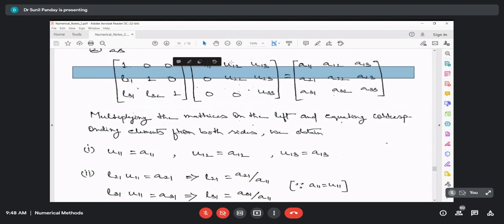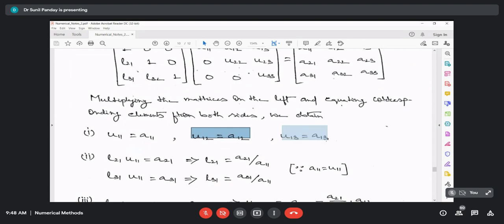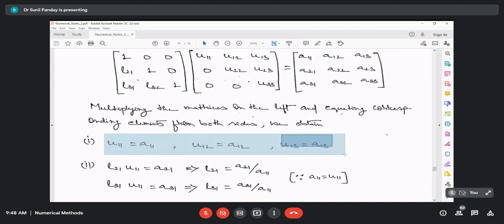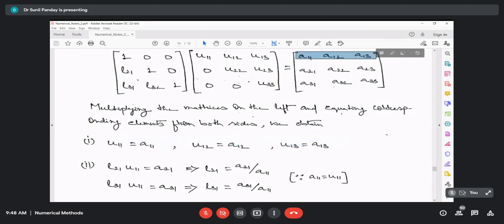Similarly, when the first row is multiplied by the second column, you will get U12, and the first row multiplied by the third column gives U13. So U11 equals A11, U12 equals A12, and U13 equals A13. Whatever the entries A11, A12, A13 of the A matrix, they are actually U11, U12, and U13. So the first row of U is easily obtained.